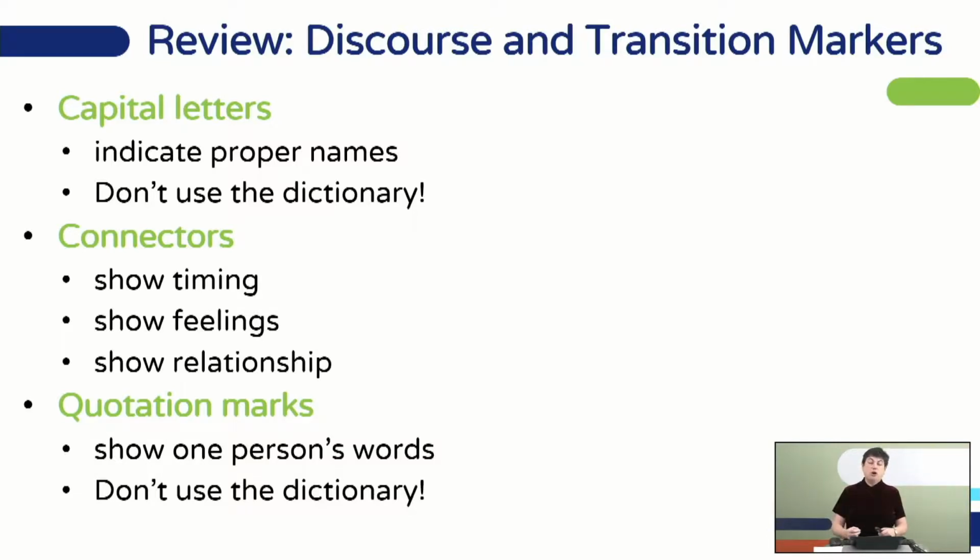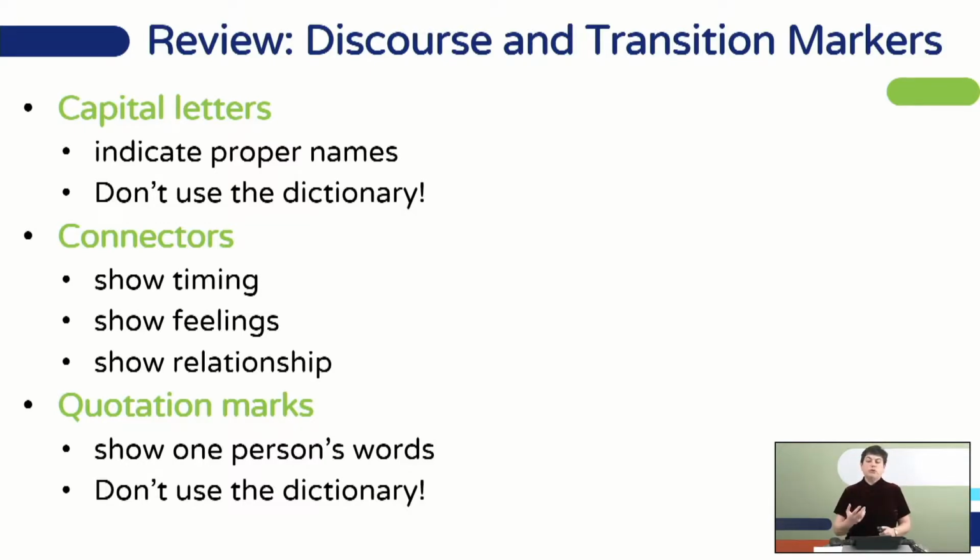Quotation marks are showing us people's words or ideas, very special things that you don't need to use the dictionary for. The quotation marks are going to generally be either someone's opinion or something that's explained in the text, a special phrase that might have meaning in that context.